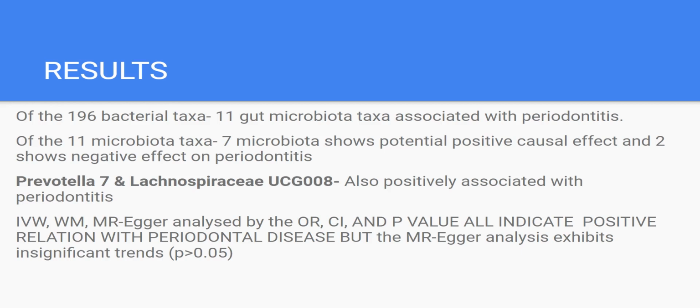But because their p-value was more than 0.05, that's why they considered it as a positively associated periodontitis causing bacteria, microbiota.